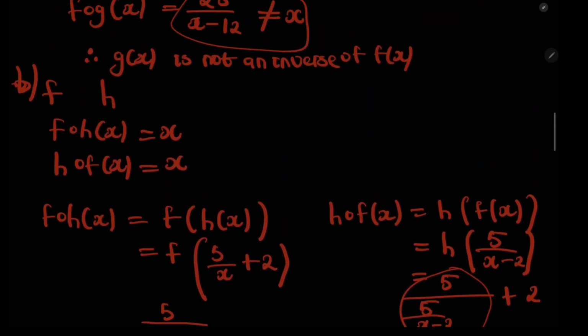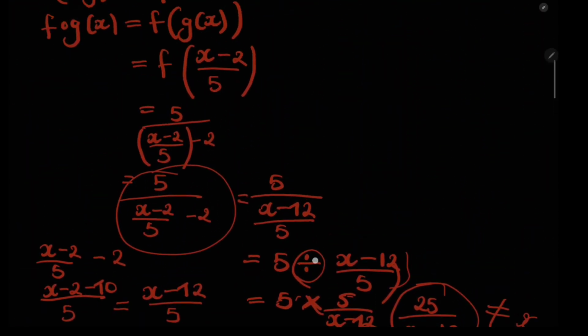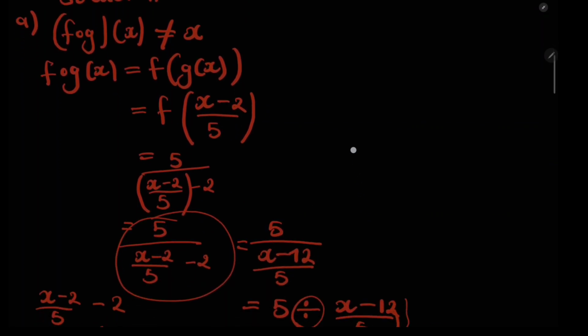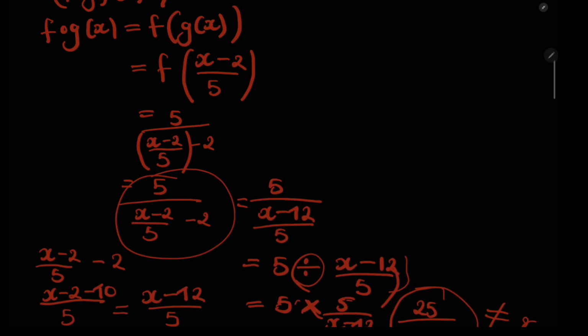Remember, to show that a function is not an inverse of another function, you need to test the composition of the two functions and see whether it gives you x. If it gives you x, then it is an inverse of the other function.